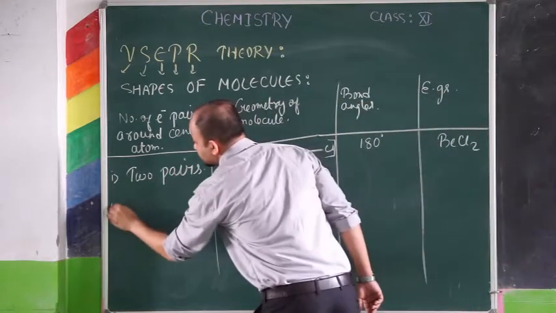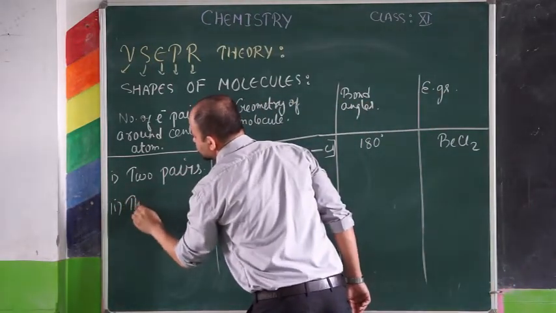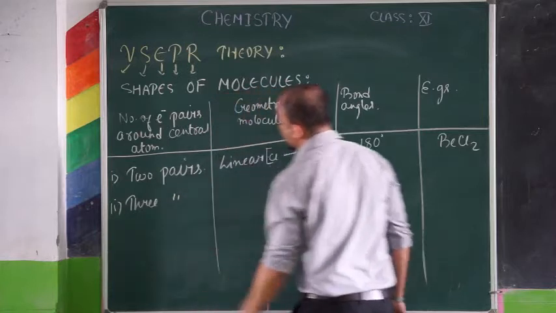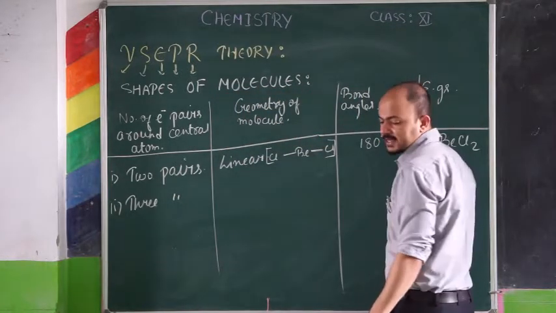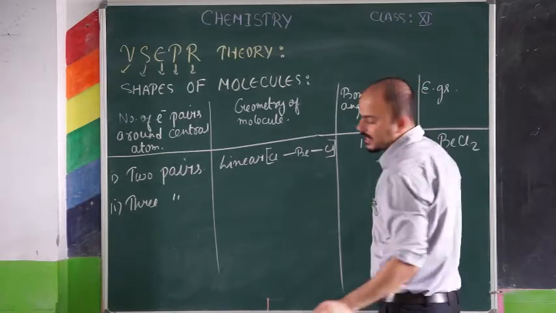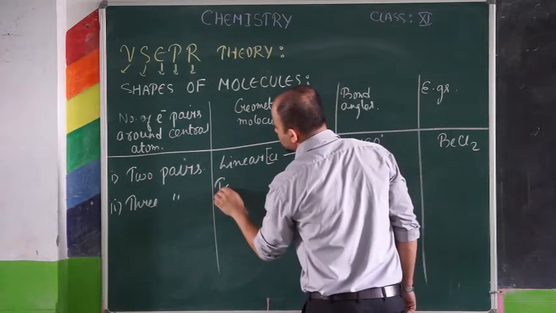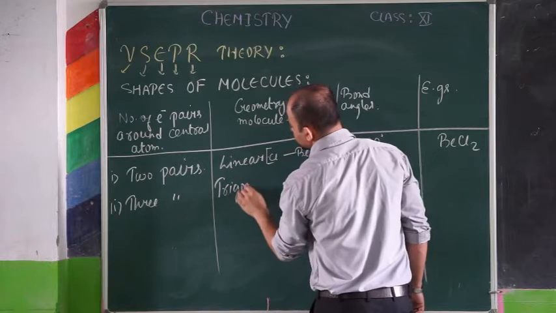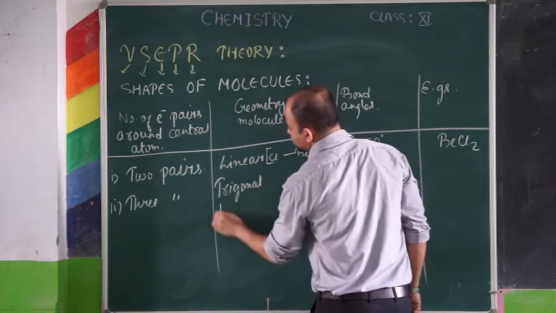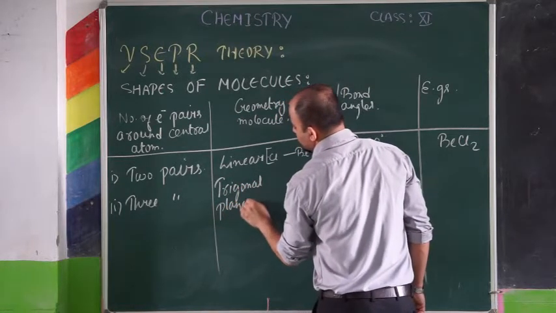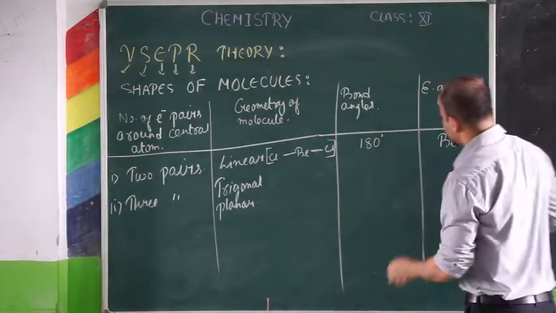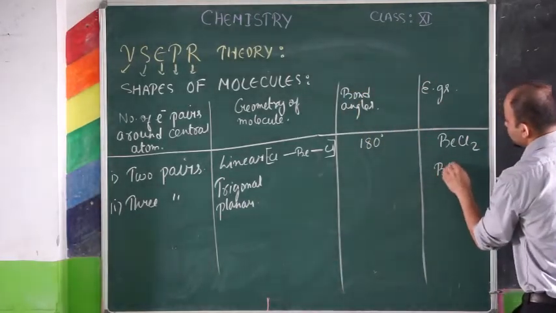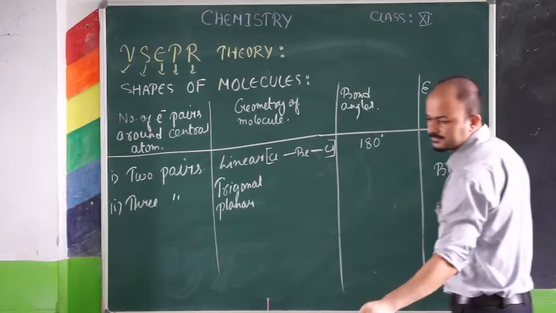Similarly, if you have three pairs, then its geometry will be trigonal planar. Trigonal planar means, let me give you an example: BF3.